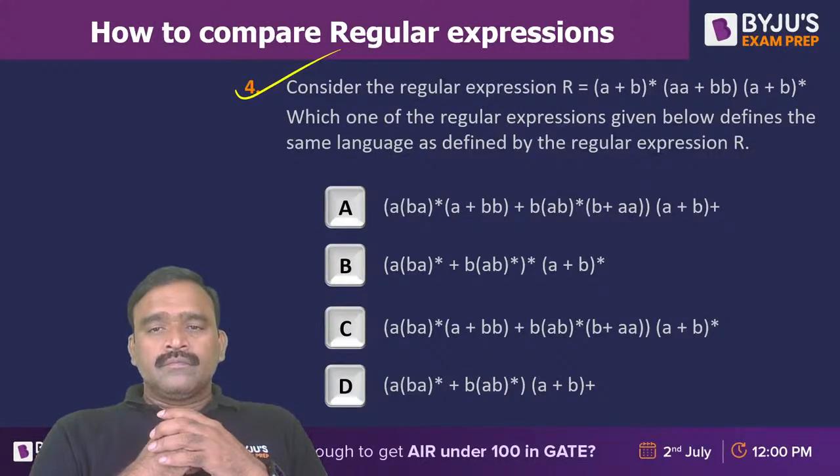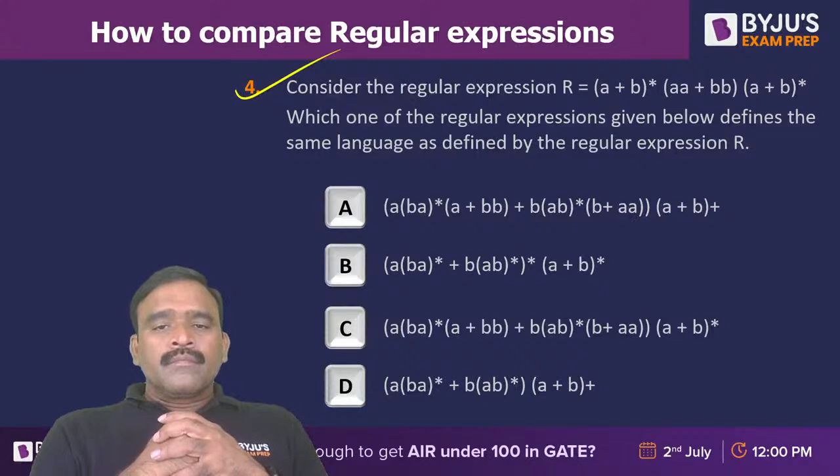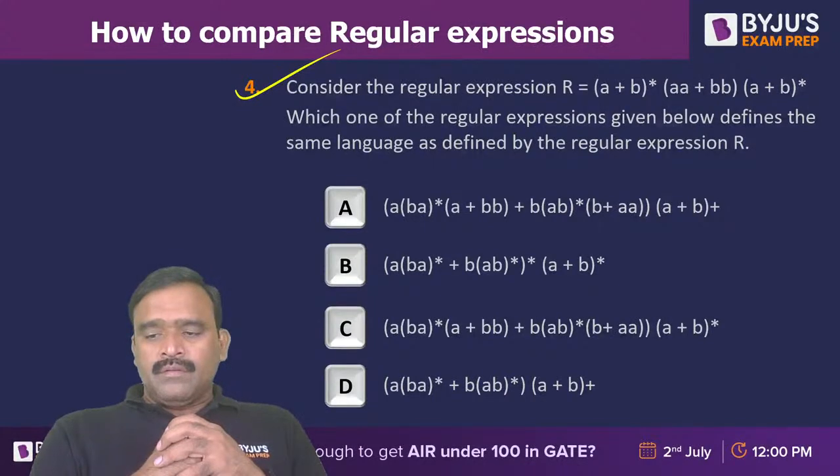Which one is representing the same set as this? Minimum string is aa or bb.